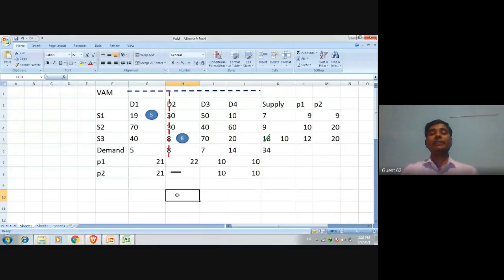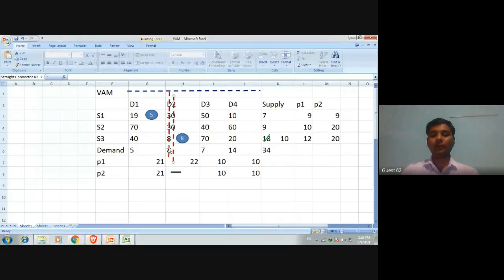Now, since the demand of column D1 has been exhausted, we will draw a vertical line through column D1 because the requirement of D1 has been fulfilled.